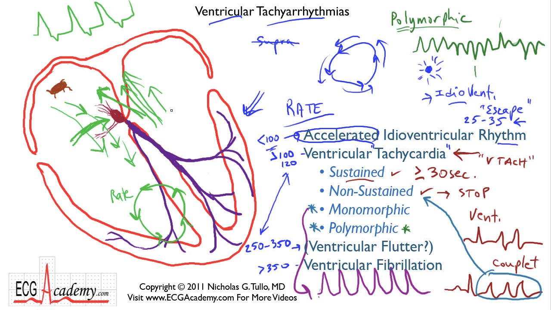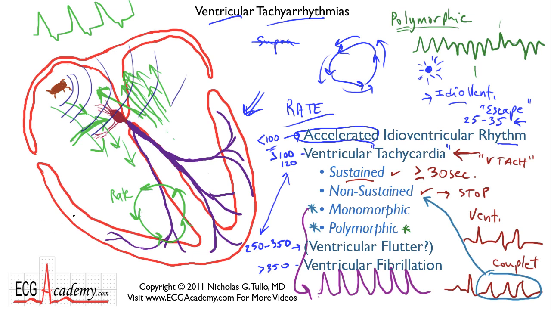Sometimes it's a typical Wenckebach kind of phenomenon with the R to P intervals getting longer, and sometimes there'll be 2-to-1 block, and sometimes, in fact, you'll have complete block of conduction up to the atrium. And in that case, what happens is the sinus node simply fires as if nothing else is going on. And you have sinus P waves that you can actually map out with calipers marching through this ventricular tachyarrhythmia.